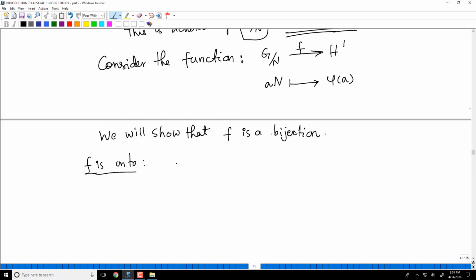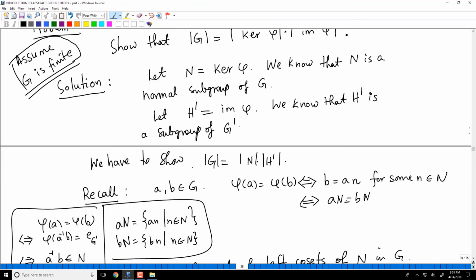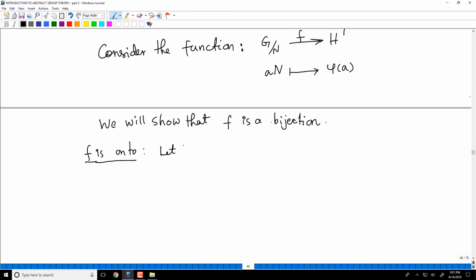So you give me any element of H prime. In order to be onto, a function has to have a pre-image for every element in H prime. So you give me an element of H prime. What is an element of H prime? Remember, H prime is the image of phi. So let phi of a be in H prime.